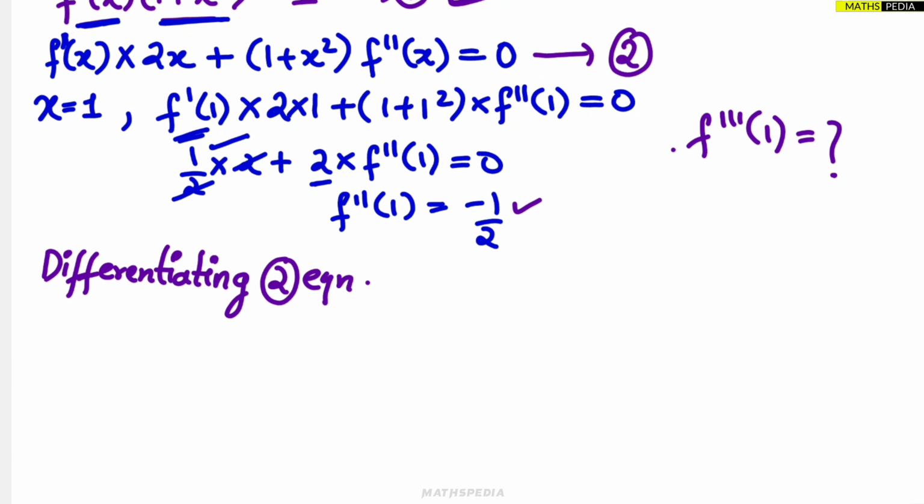Differentiating the second equation, you see here, this is one part, this is another part. So here you can apply the UV rule. Here also you can apply the UV rule, both the sides.